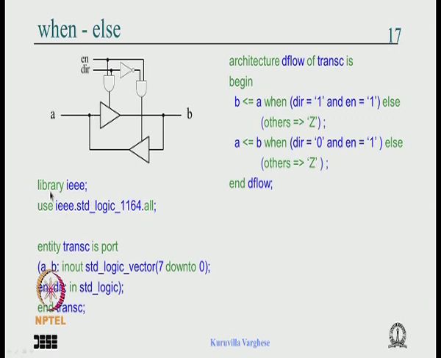So this is the library description of the VHDL. This is standard logic 1164, and this is entity transceiver. The port has 2 signals which are 8 bit. I am showing 8 bit because the control signals are common for all the tri-state gates. So A and B are in out because of this structure, standard logic vector 7 down to 0, and enable and direction are in standard logic.